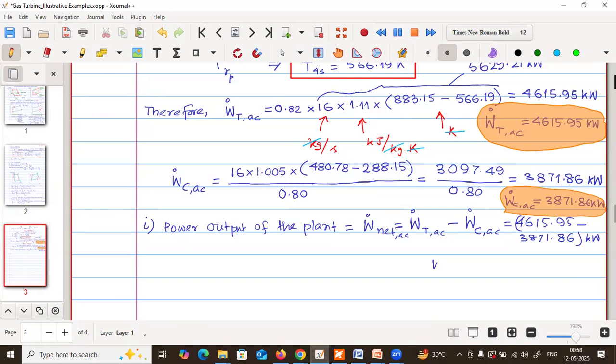Therefore, W net is equal to 744.09. So this is one of our solutions.